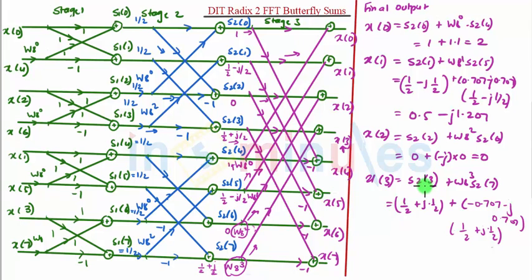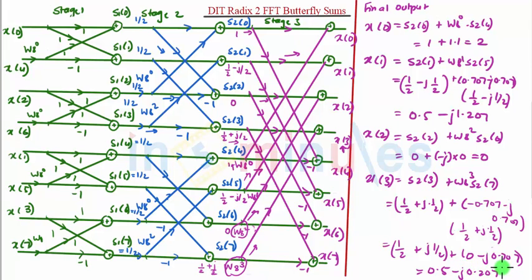After solving this equation, we finally get half plus j into half, and simplifying these two terms would give us 0 minus j 0.707. That is, finally the answer is 0.5 minus j 0.207.